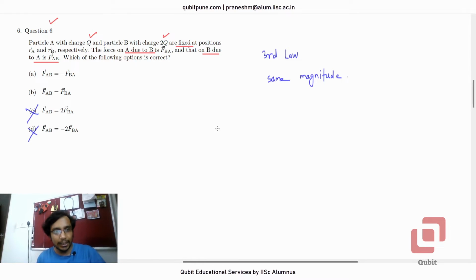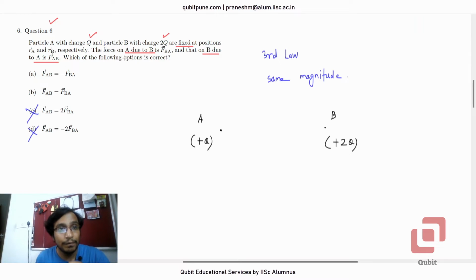Now we'll draw the figure. Suppose this is particle A, this is particle B. Now both are exerting a repulsive force on one another because both bear positive charge. It's plus Q and this is plus 2Q. Now let us show the directions. The relationship will immediately become clear to us.